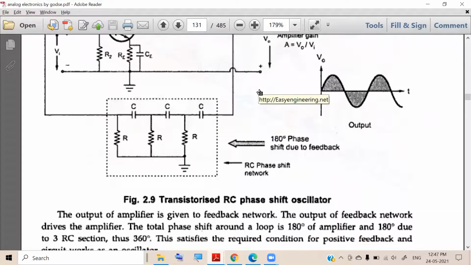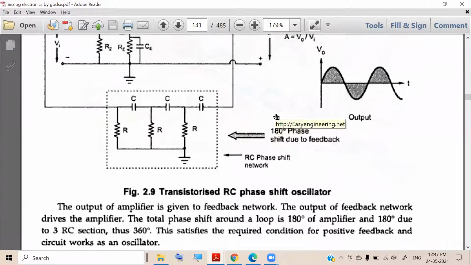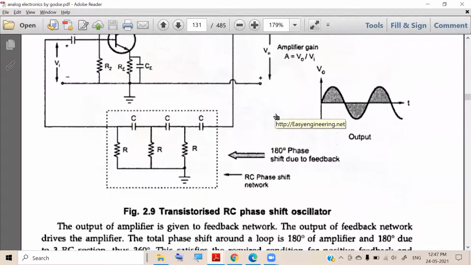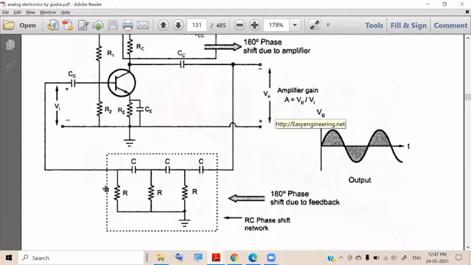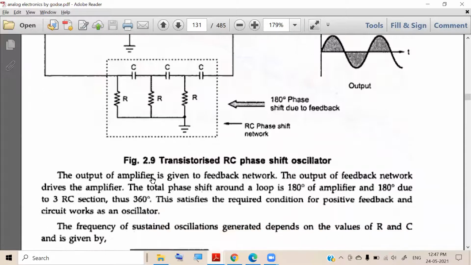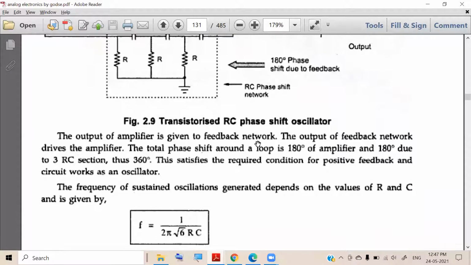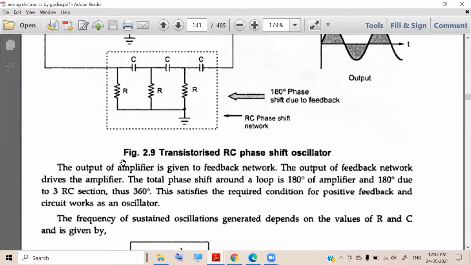Next, the output of the amplifier is given to the feedback network. This is the feedback network, and this is the output of the amplifier.